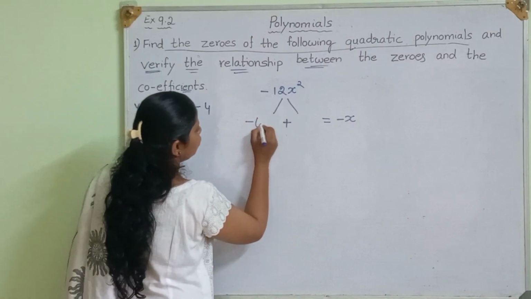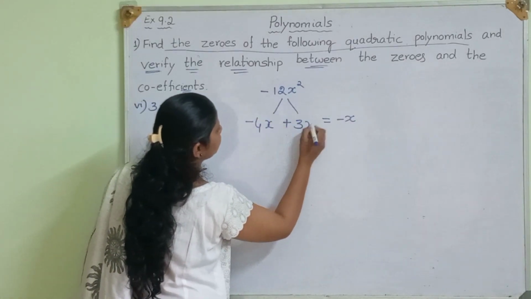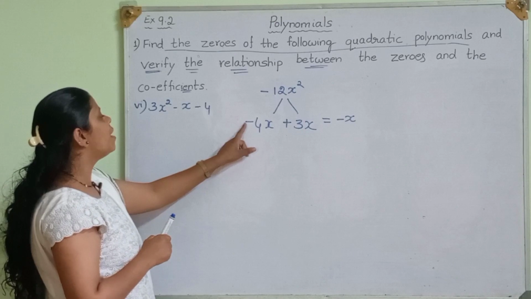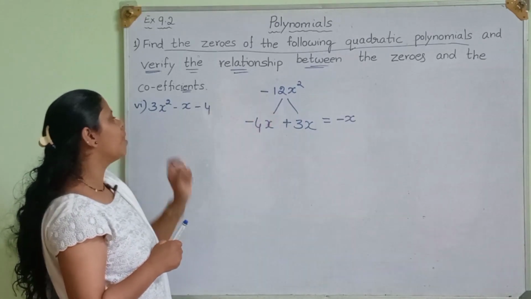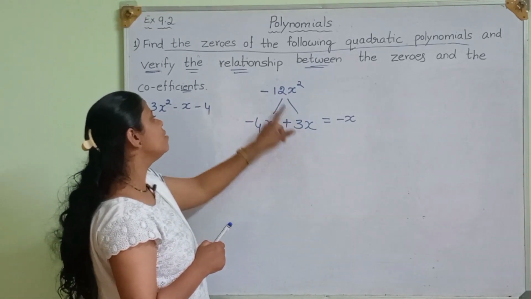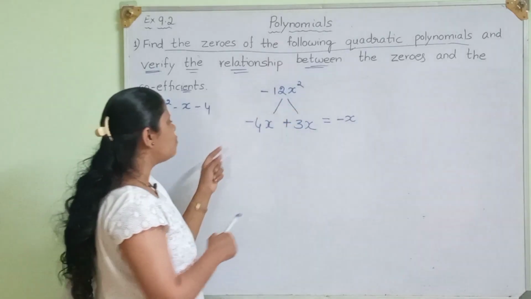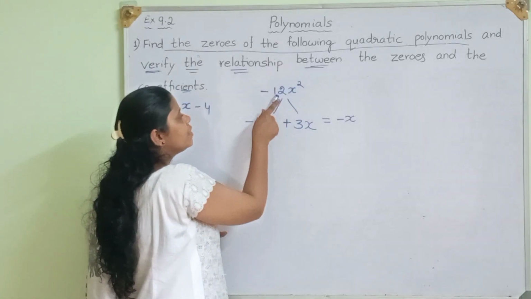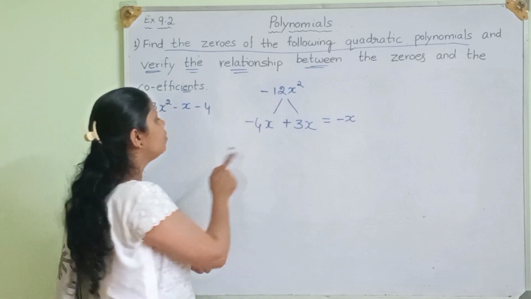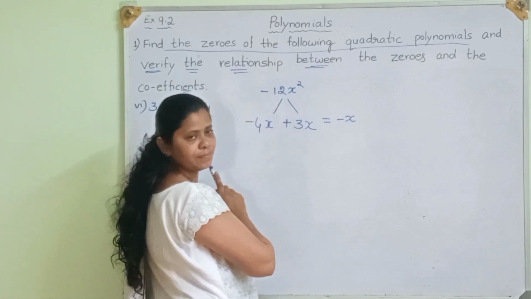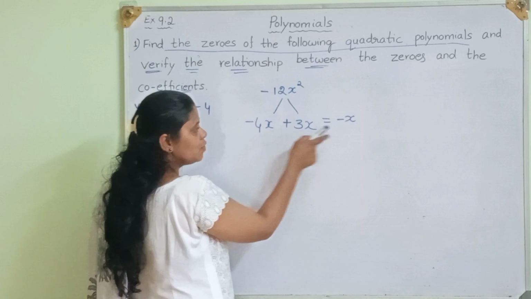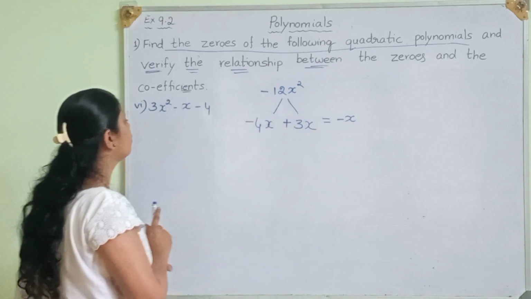4 3s are, that is 4x into 3x. Now look at this. Minus into plus is minus. 4 3s are 12. X into x is x square. When we multiply these two, we get this as answer, right? Minus 4x plus 3x. When we subtract this, we get minus x.